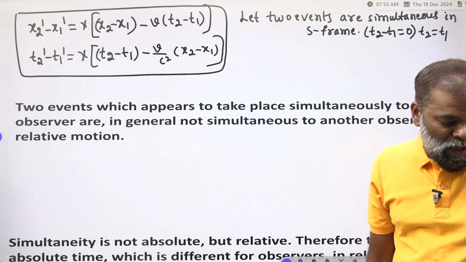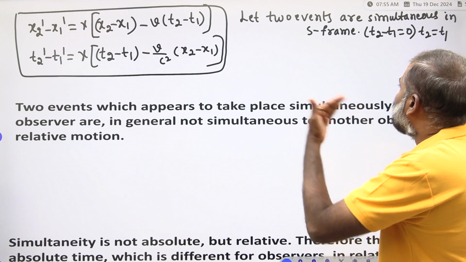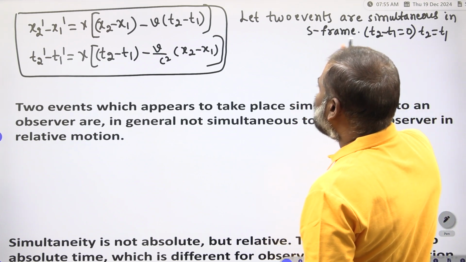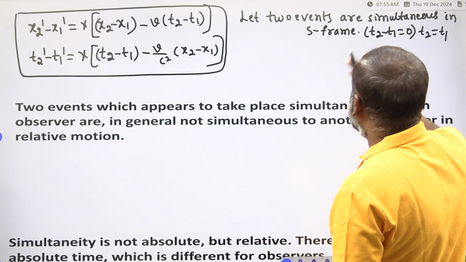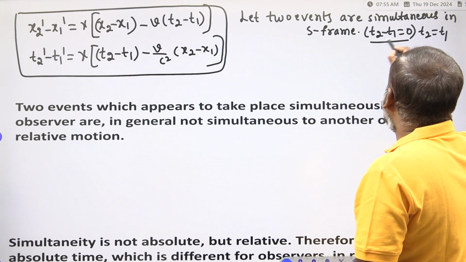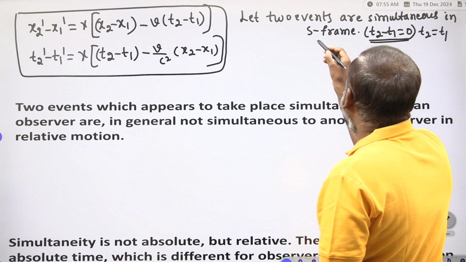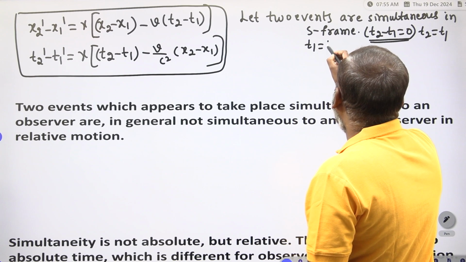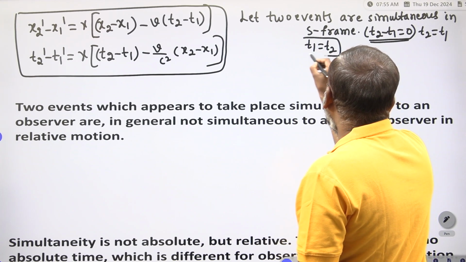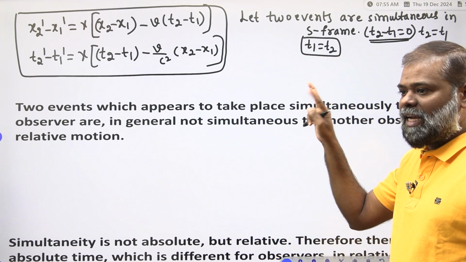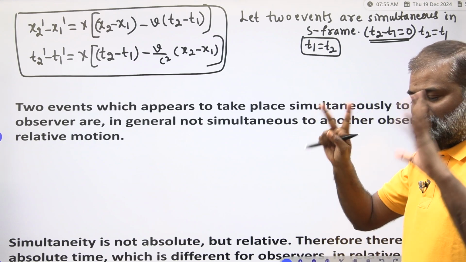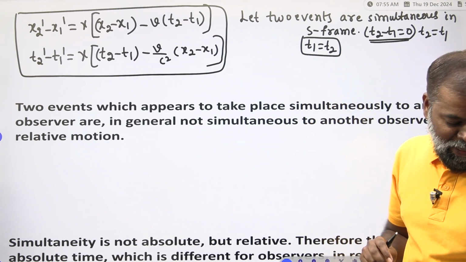In the S frame they are simultaneous, because the two events are occurring at the same time.